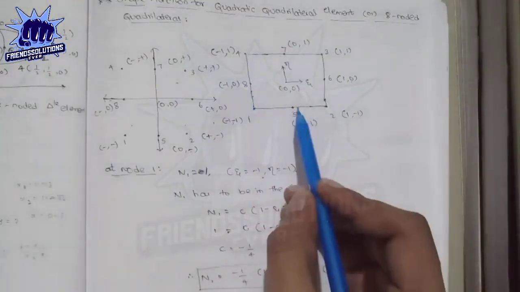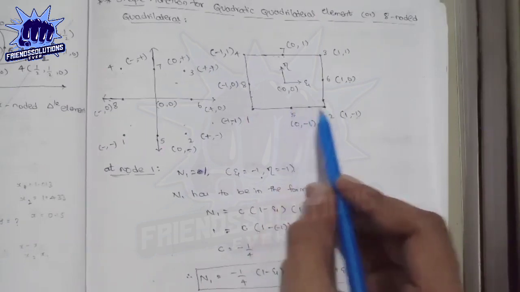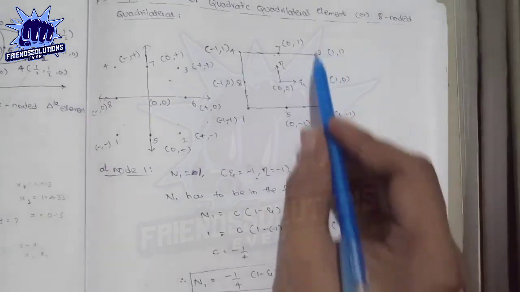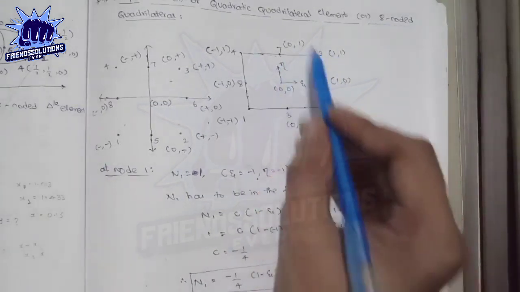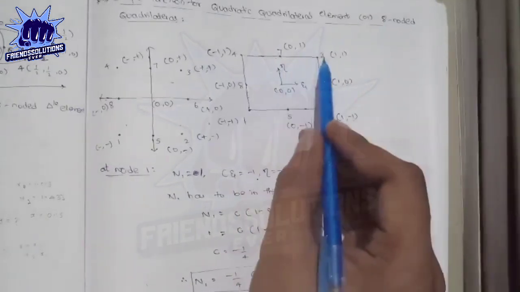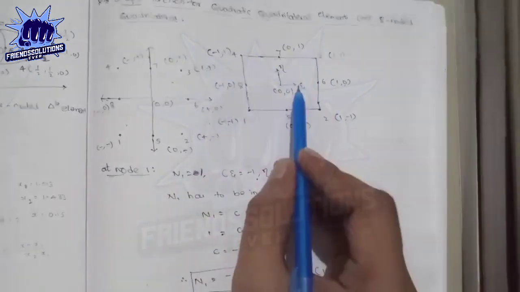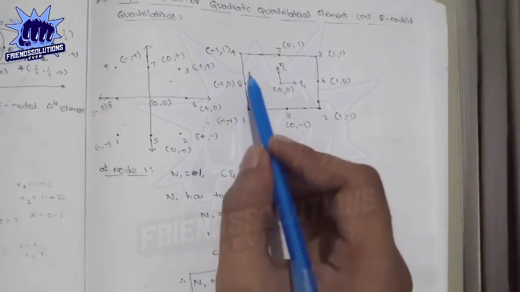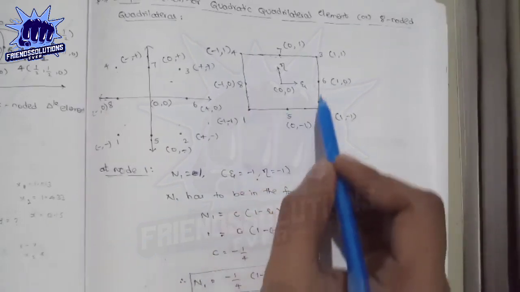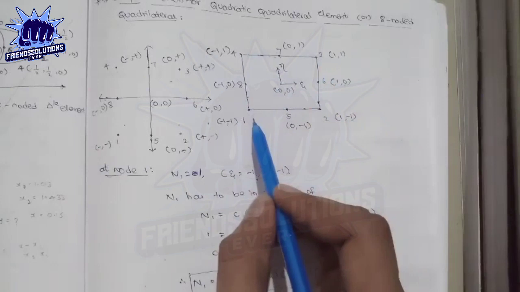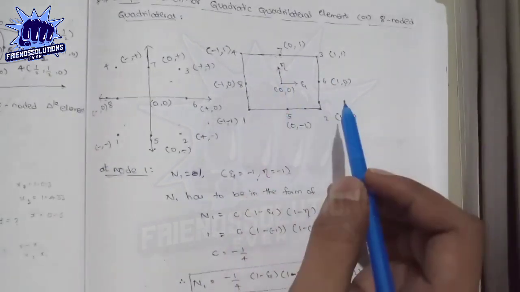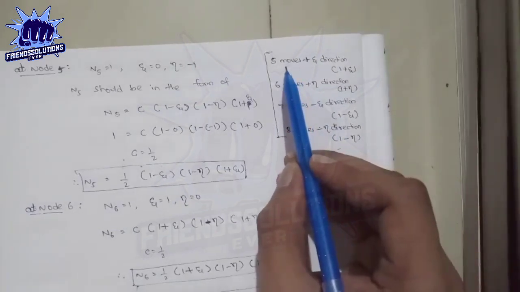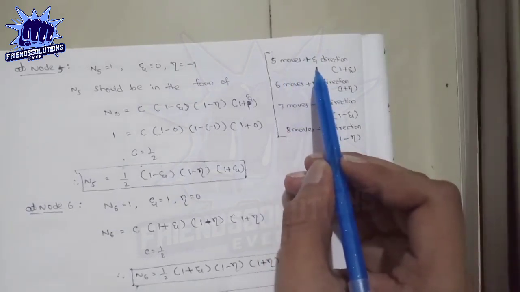Here you see node 5 is moving in the positive xi direction, node 6 is moving in the positive eta direction, node 7 is in the negative xi direction, and node 8 is in the negative eta direction. We have to flow like this. This is the flow, so from this we can form the equation.